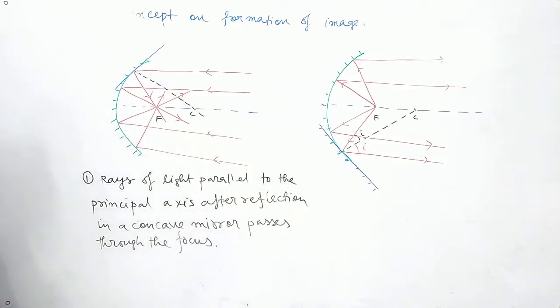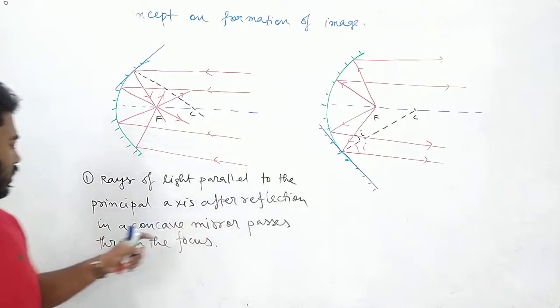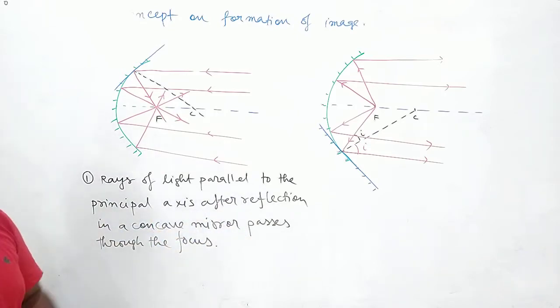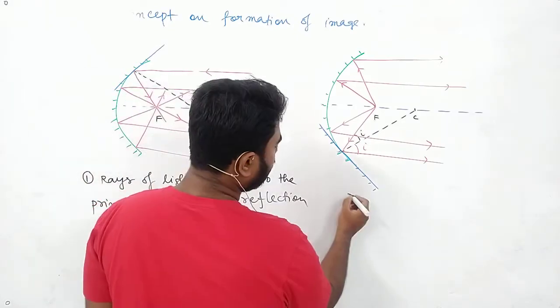Okay, rays of light parallel to the principal axis after reflection in a concave mirror pass through the focus. Okay, and in this case, what do we conclude?